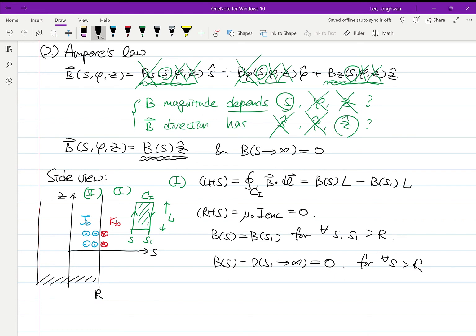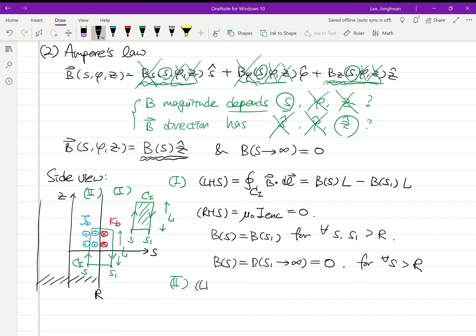Let's look at the second region, region 2, and you can draw the loop like this. This is another length L, and here is s1. You can apply Ampere's law on this C2.